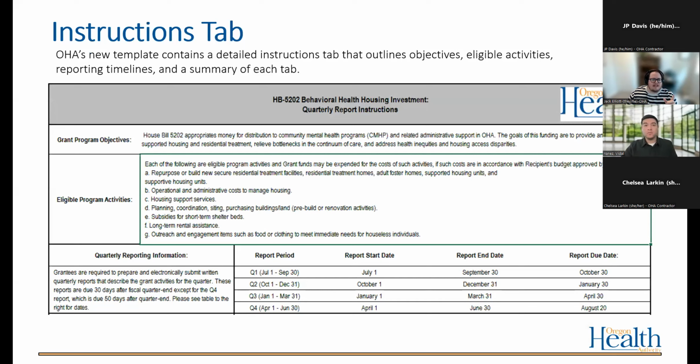So you will see in this screenshot that it has grant program objectives and eligible program activities, and this is pulled from the original RFGA that you all responded to with your proposals. It has information about quarterly reporting and the dates that they are due, and for what date periods those are applicable to. Next slide, please.